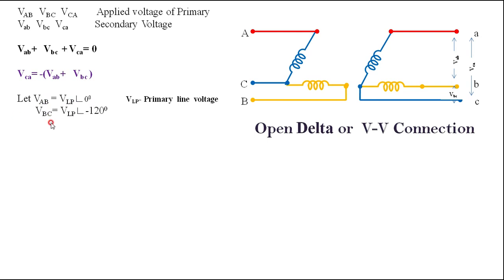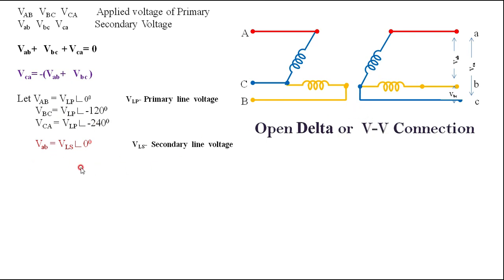Similarly, VBC, the next line voltage between B and C, has the same magnitude but lags by an angle of 120 degree. The third line voltage VCA has the same magnitude but lags by 240 degree with respect to VAB.